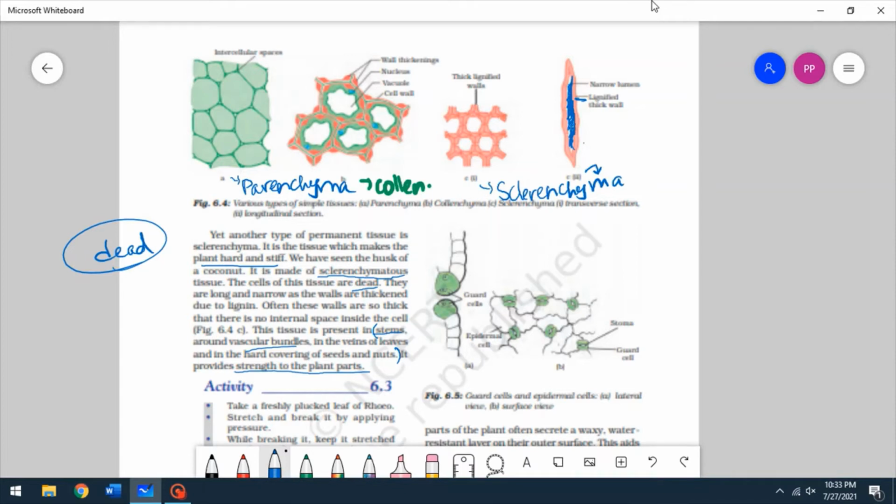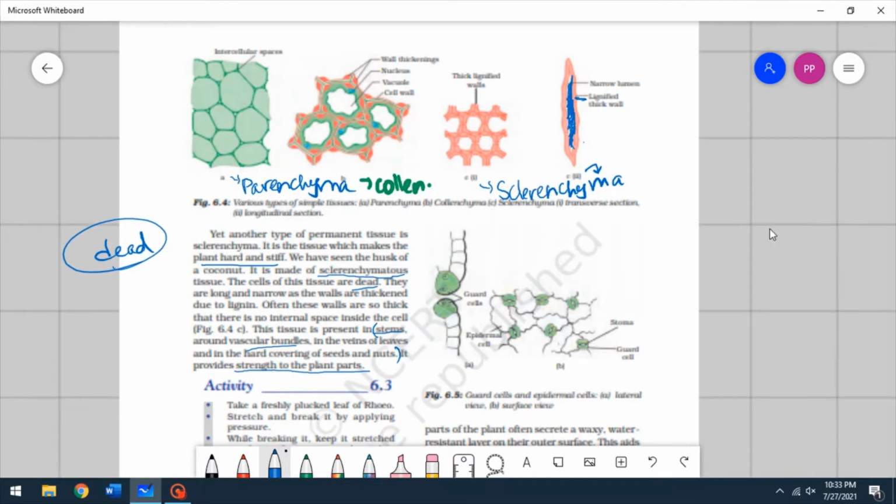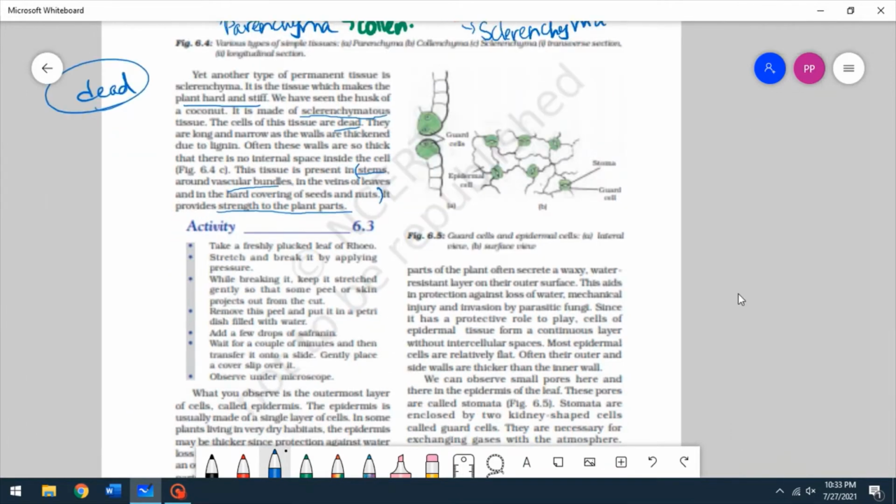In the veins of leaves, you can't pinch the veins of leaves very easily. That is an indication that Sclerenchyma is present. And the hard covering of seeds and nuts. So the covering of a walnut has Sclerenchyma. Pistachio has Sclerenchyma. That's what they mean. You can't expect it to break easily because the function of Sclerenchyma is to provide strength and support.